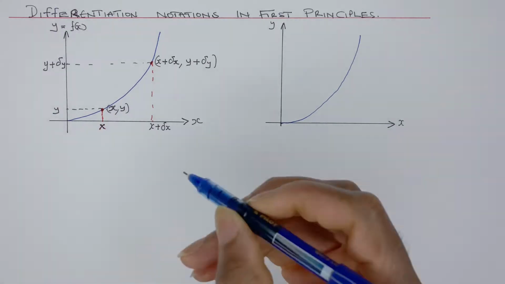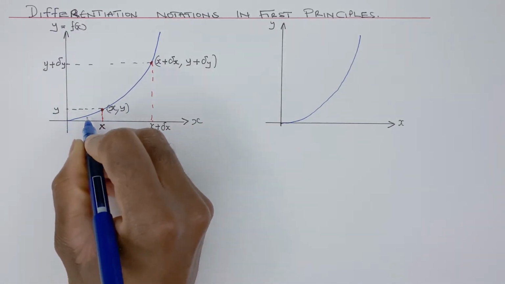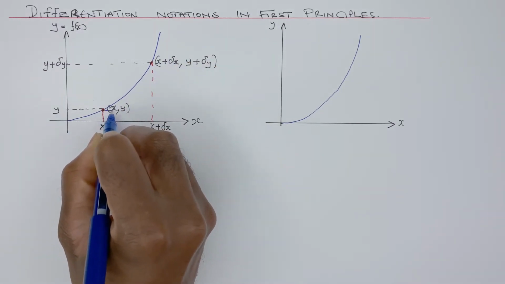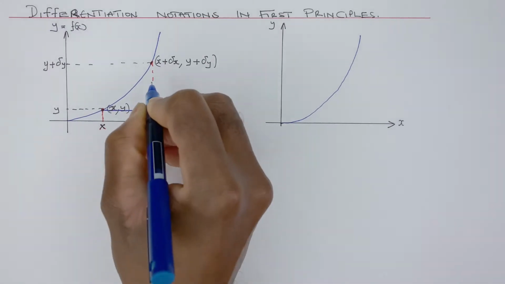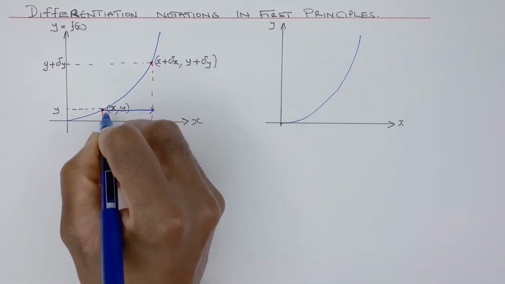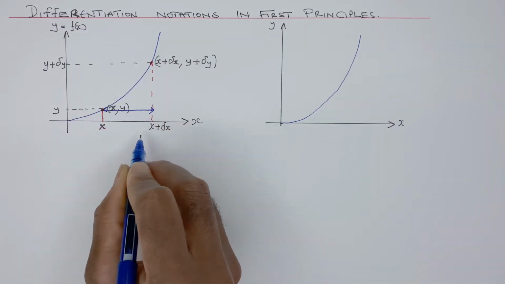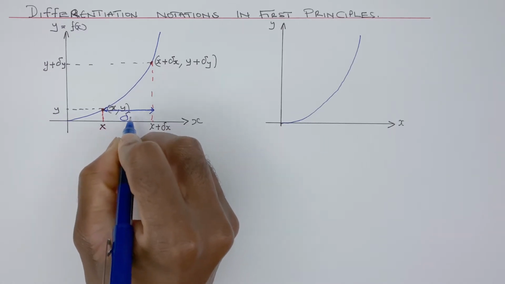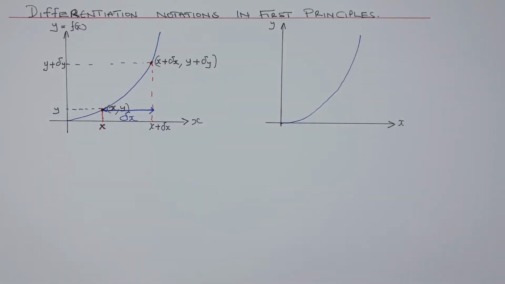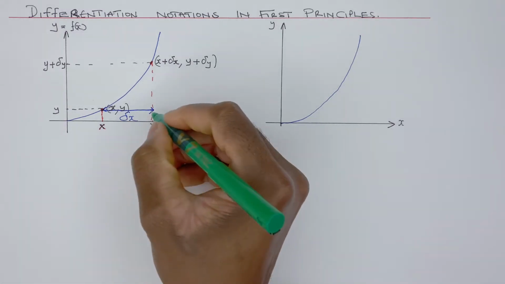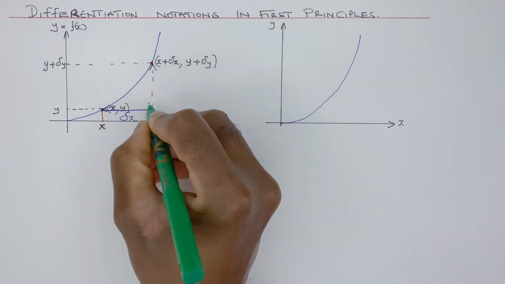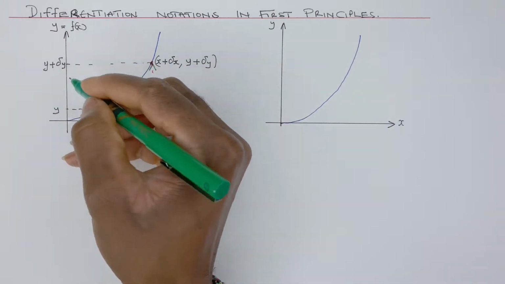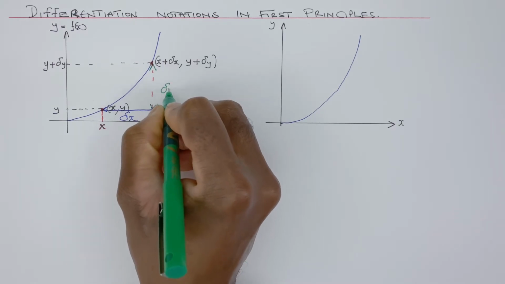So the difference between these two points, how it's changing, if we measure that distance from there to there, because if we take away the initial from the final, we get delta x, right? Likewise, if we measure the distance from there to there, if we take away the initial from final, we get delta y.